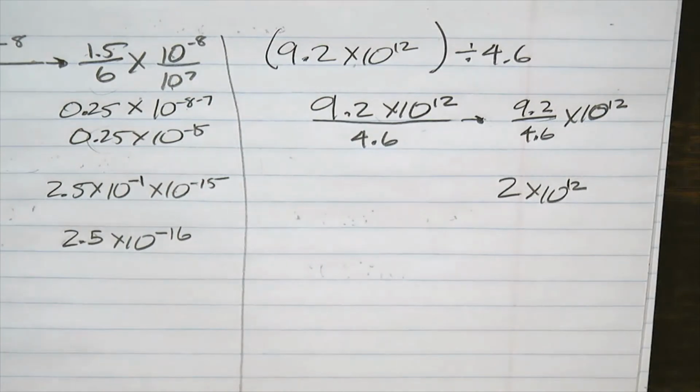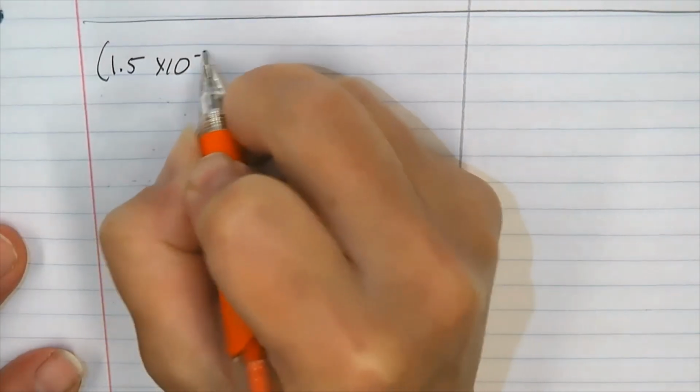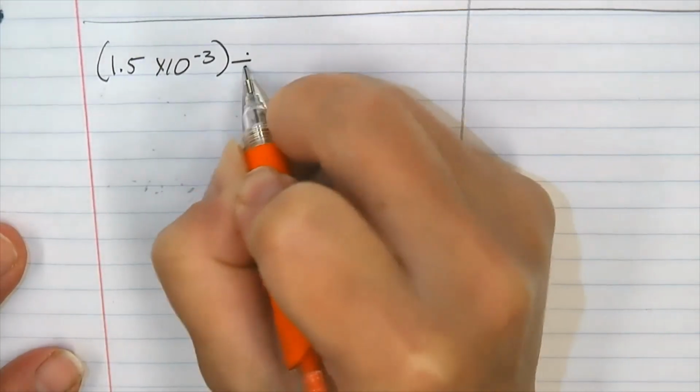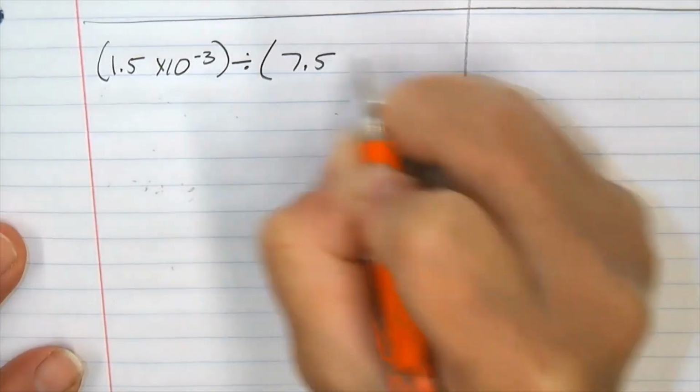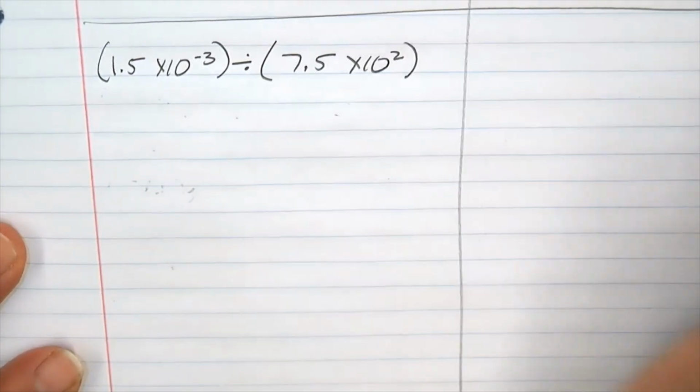Okay, let's take a look at one more example. 1.5 times 10 to the negative 3 divided by 7.5 times 10 to the second power.